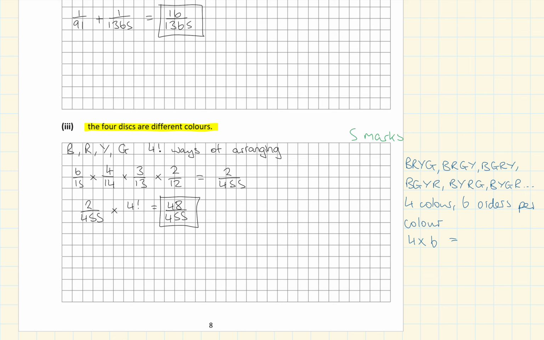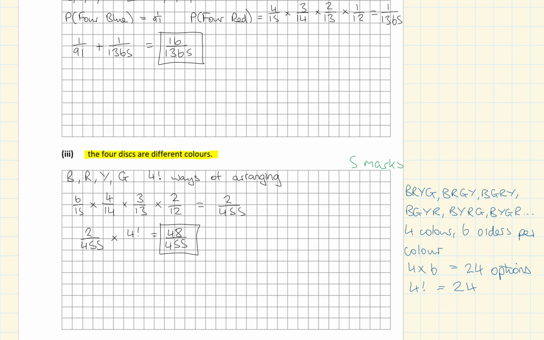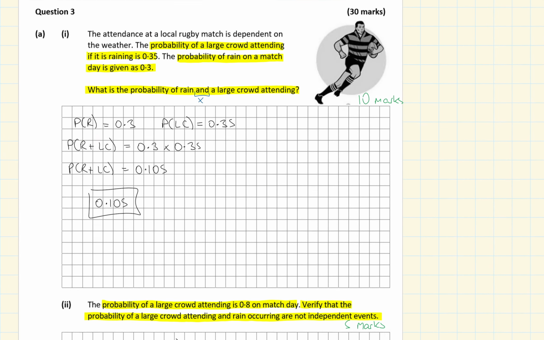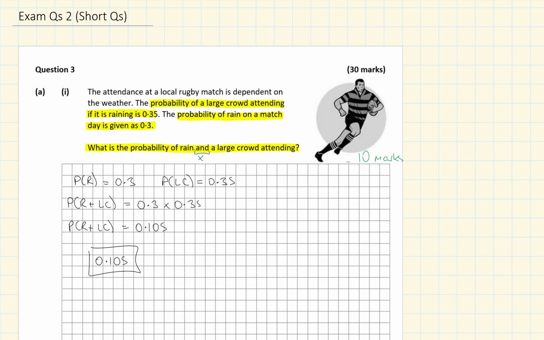You could use your fundamental principle of counting here. So that's 24 options. And you'll note as well, if you put 4 factorial into your calculator it also gives you 24. So anyway, that's that question answered, and we have another short question done for 30 marks.